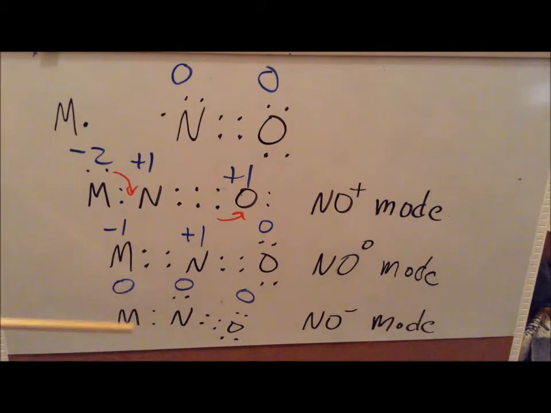Whereas metal to nitrogen to oxygen, for the first two modes, they're linear, in a straight line, once we get down to here, the metal to nitrogen to oxygen bond is going to be somewhere around 120 degrees. So there's going to be a considerable bend in the molecule at that point.